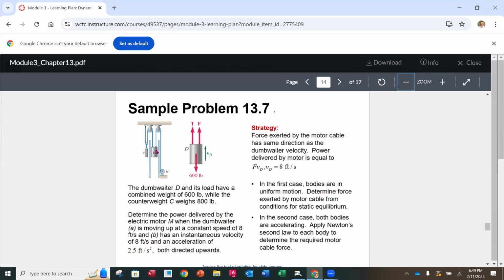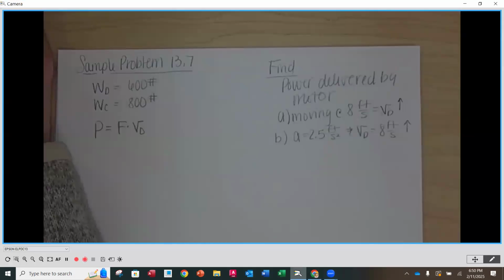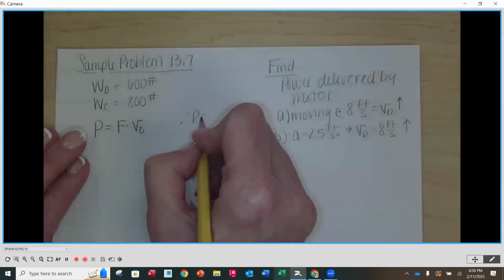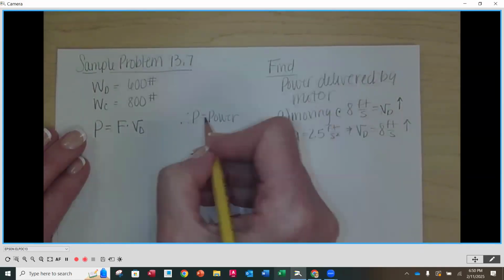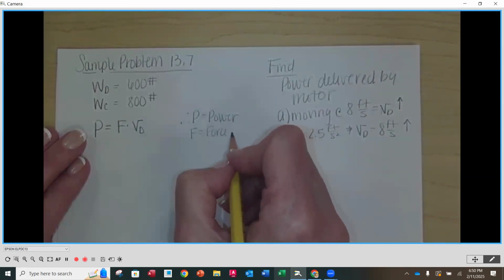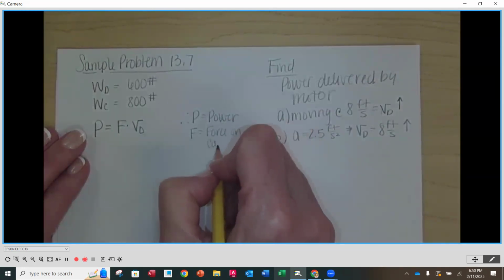So the velocity of D is the velocity we're interested in, because that's going to be the force coming off of that motor. So I'm just going to put here, P is equal to power, and F is equal to the force on the cable from the motor.